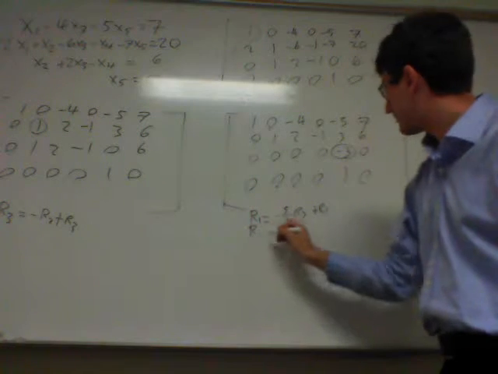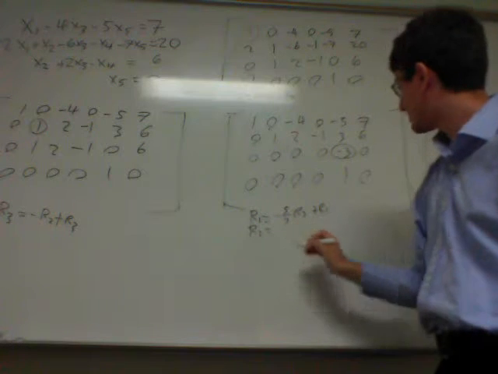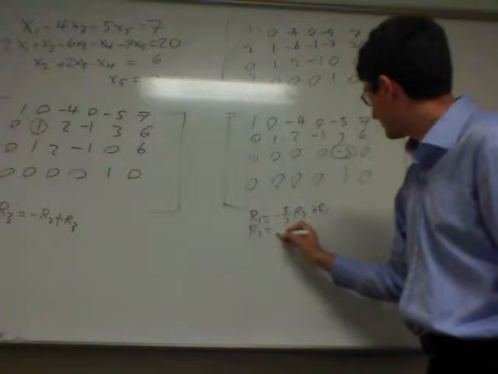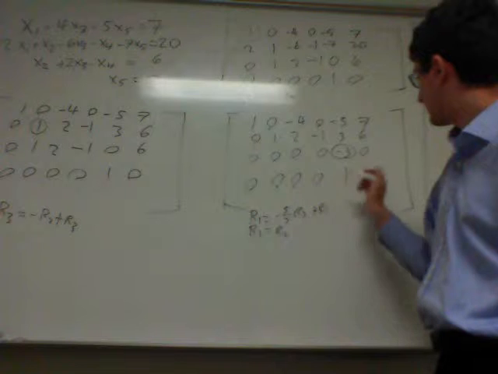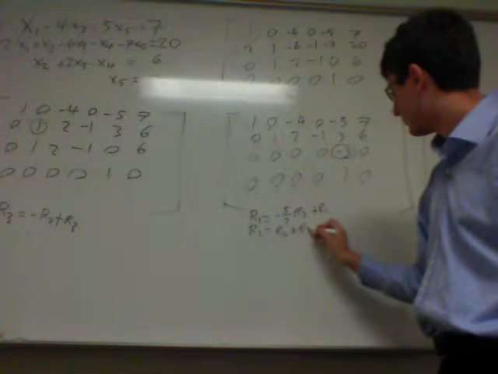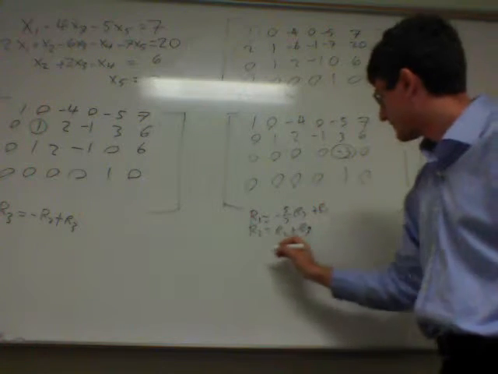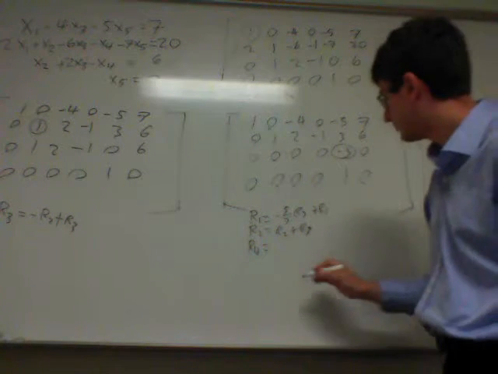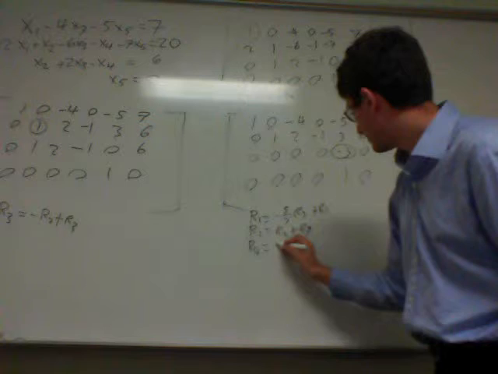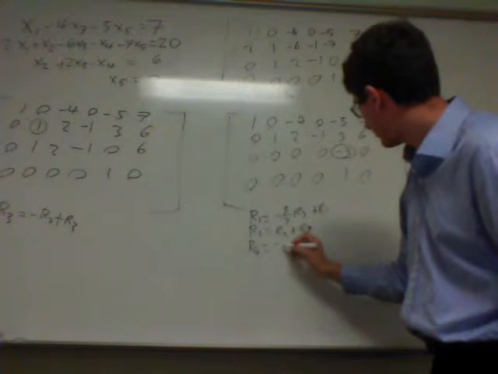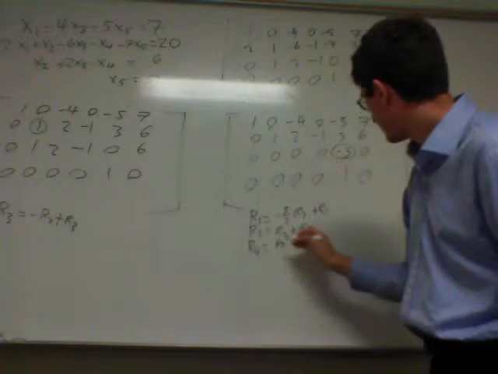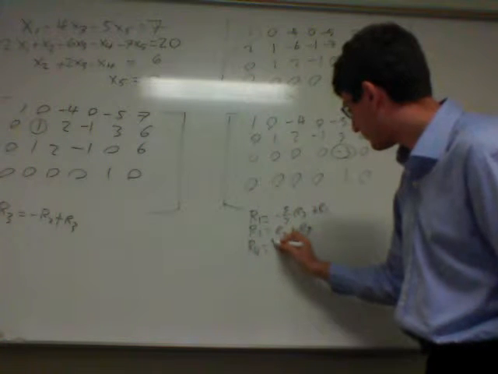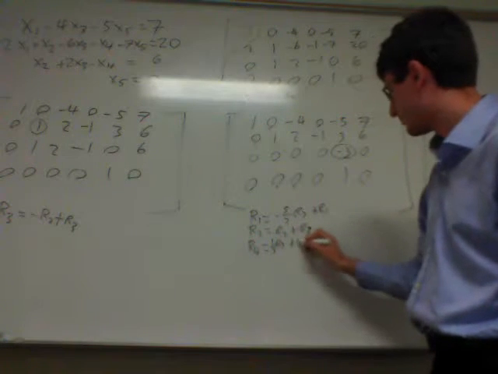Then our second row will be the second row added to the third row of the pivot, and the fourth row will be set equal to this pivot row 3 multiplied by positive 1/3, added back to row 4.